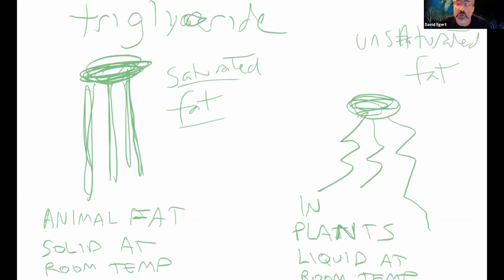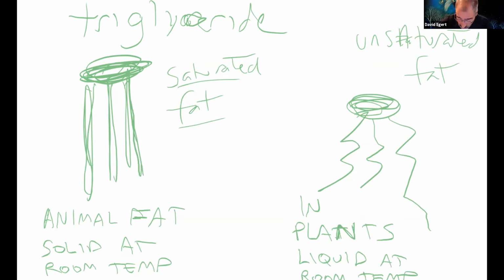What's another word we often use for these unsaturated fats? Good fat. Yeah, in general, the unsaturated ones are correlated with better cardiovascular health for sure.